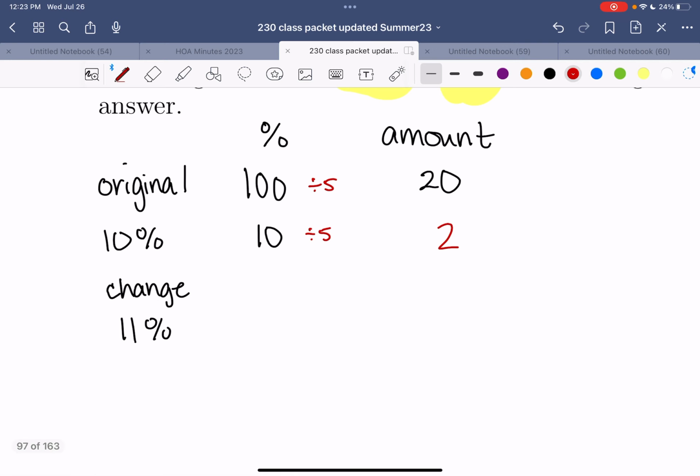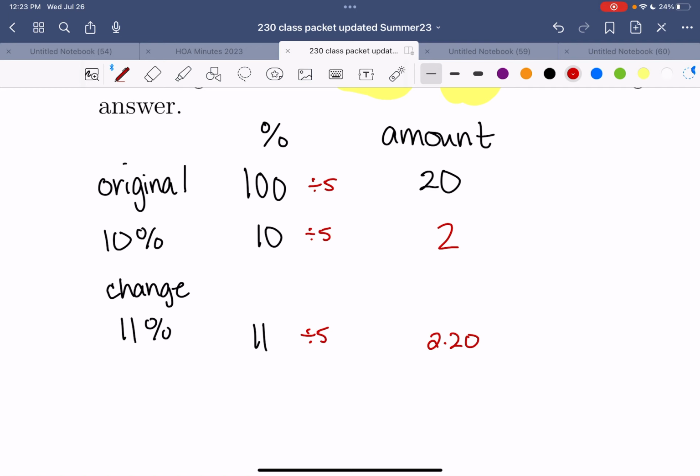And then the 11%, if we divide that by 5, you end up with 2.2. So $2.20 if we're talking money. Okay. And then what's the change, right?